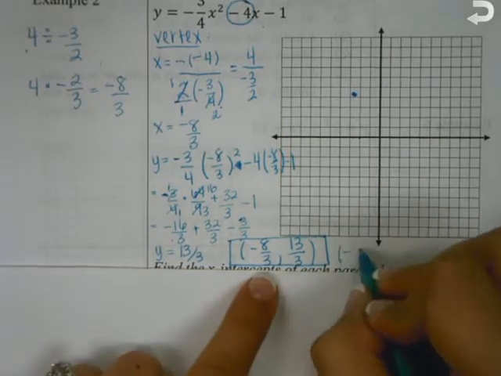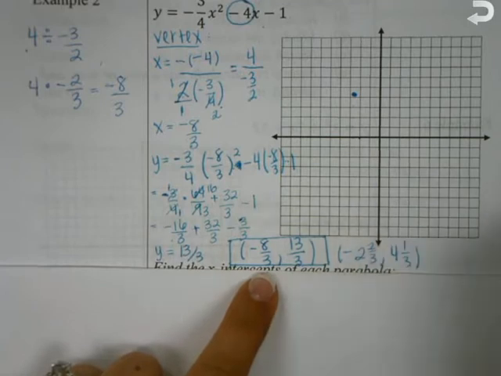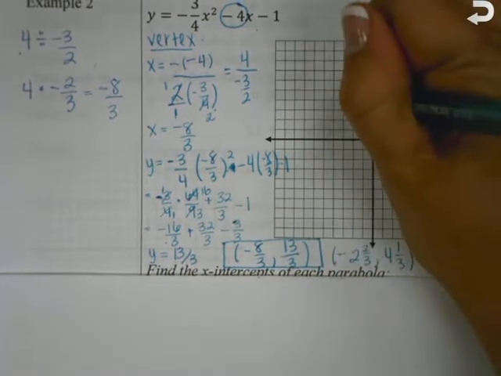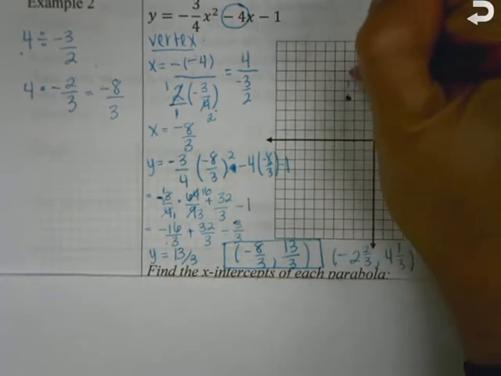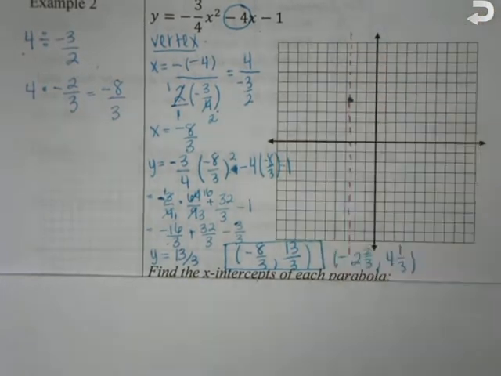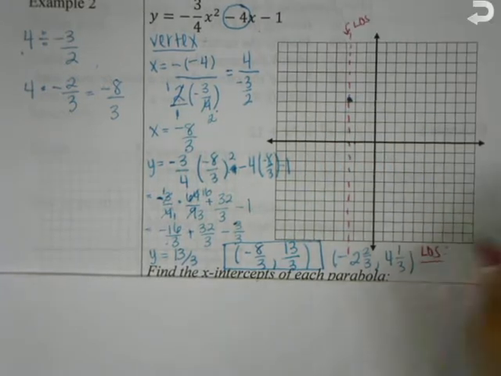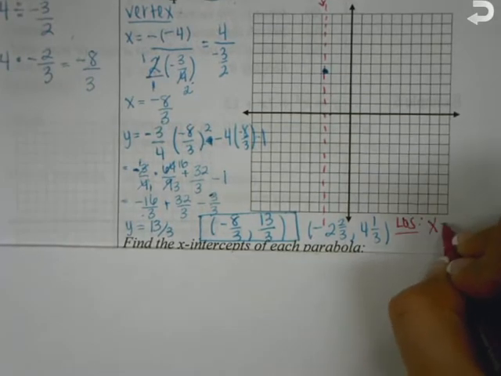That's my vertex. So the next thing was the line of symmetry. The line of symmetry just goes straight through the vertex. So draw the dotted line. Is the line of symmetry the x-coordinate or the y-coordinate? The x. So it's x equals -8/3. And then the last thing we get to do is draw the parabola.